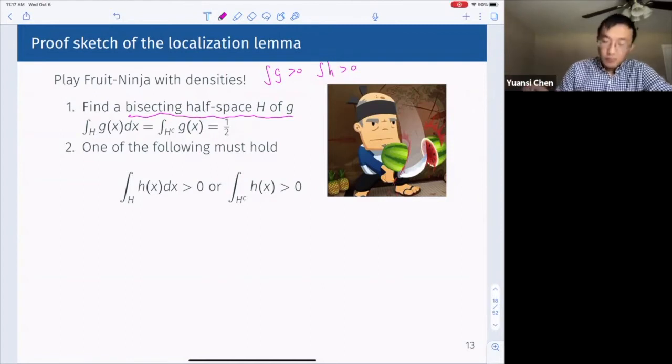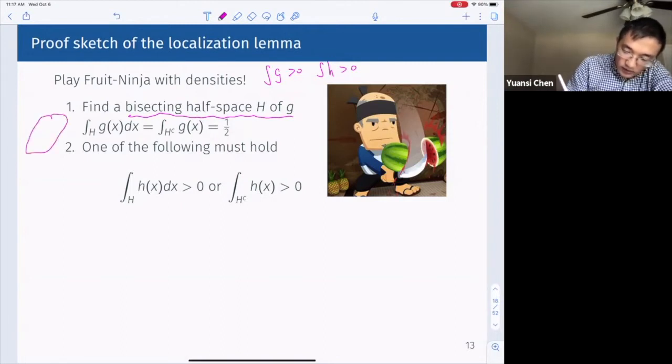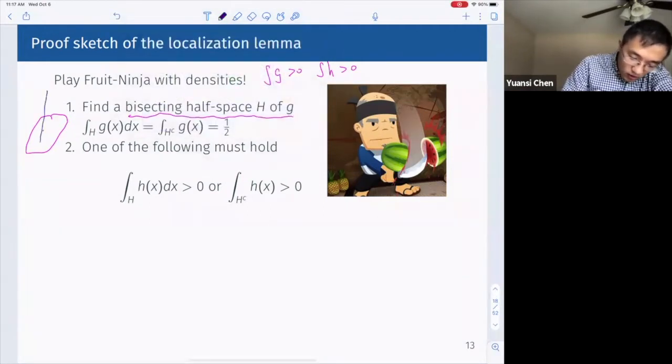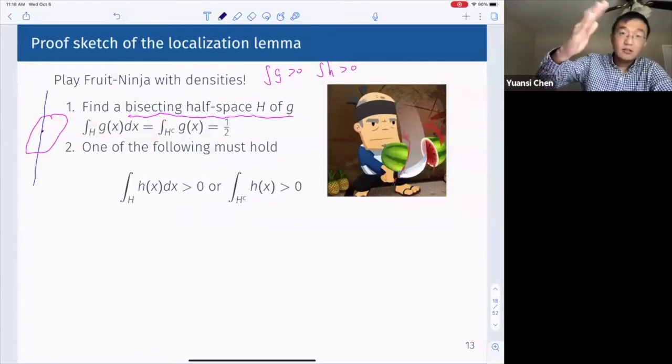This is possible because for any density, I'm trying to draw a convex set here, and for any point in the convex set, you can draw a hyperplane, and centered on this point, you can rotate this hyperplane along one of the axes.